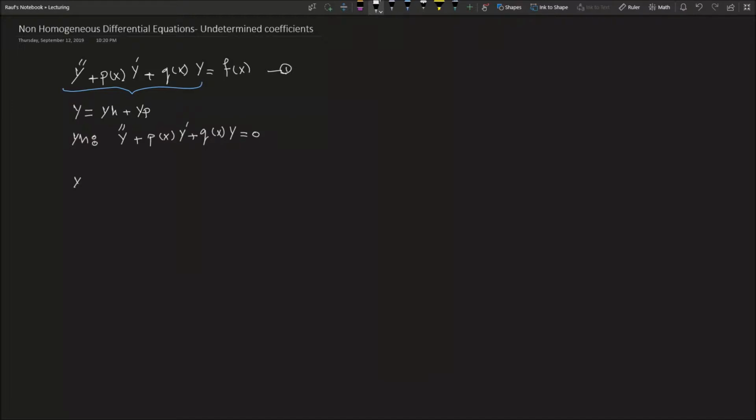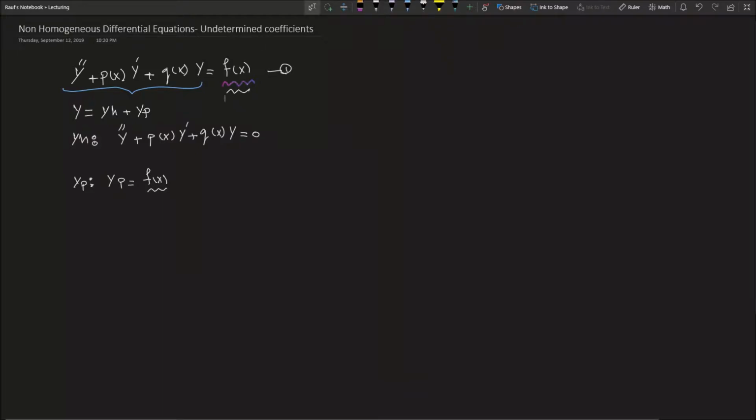Now for the particular solution, yp, you can see that yp equals whatever is on the right hand side of the equation, which is f of x here. So yp equals f of x, but you will not have it in the same form as the f of x here.